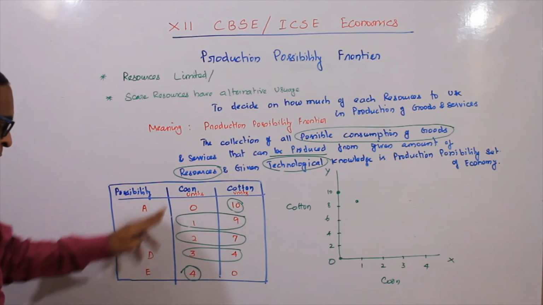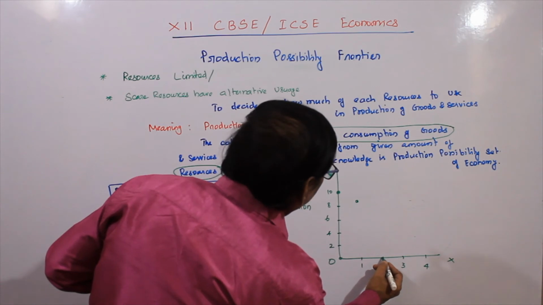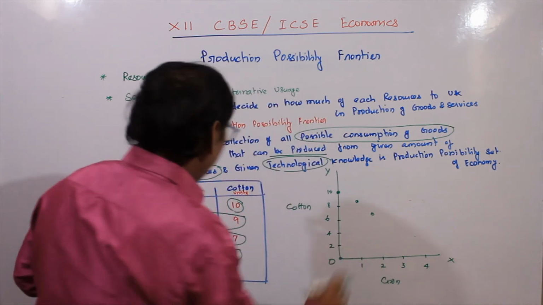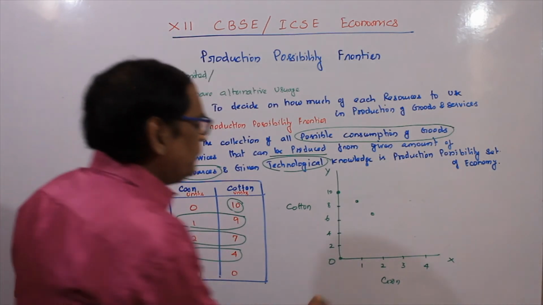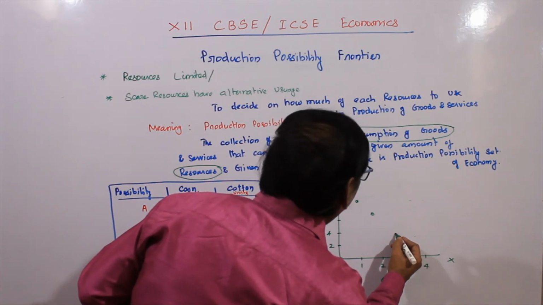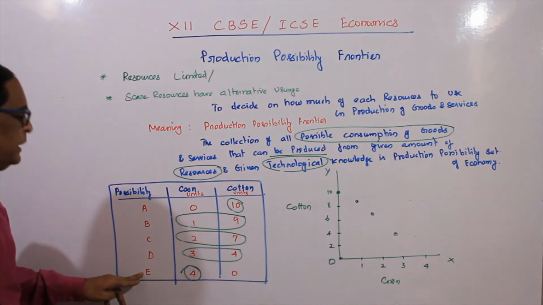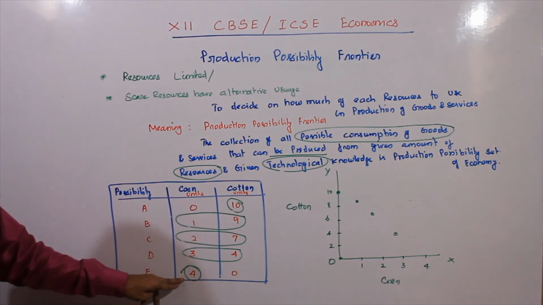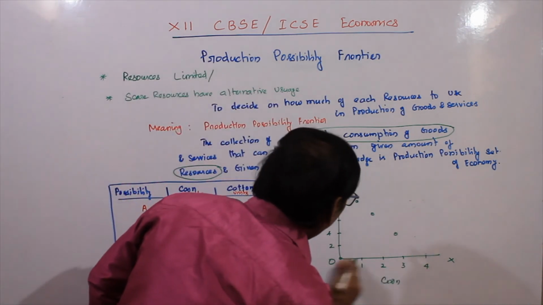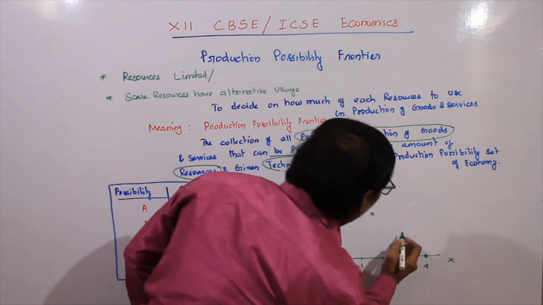And then see, corn 2 and cotton 7. Then corn 3 and cotton 4. And then corn is 4, cotton is 0, which means this point on the axis. Understand? So you have to make it.